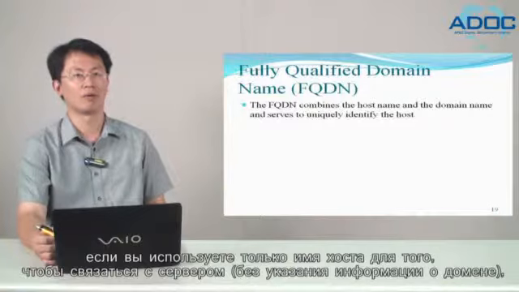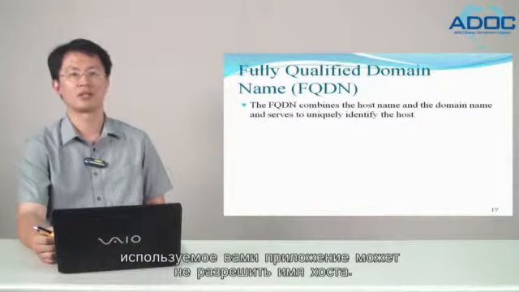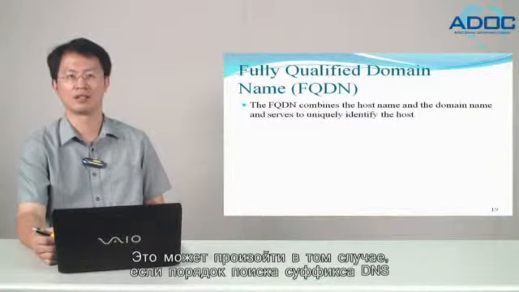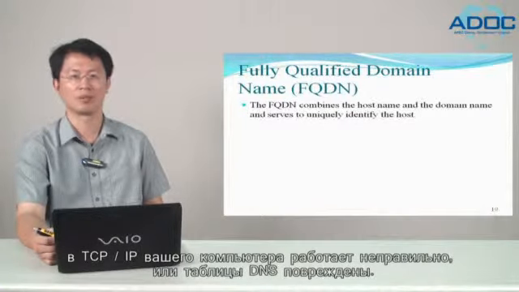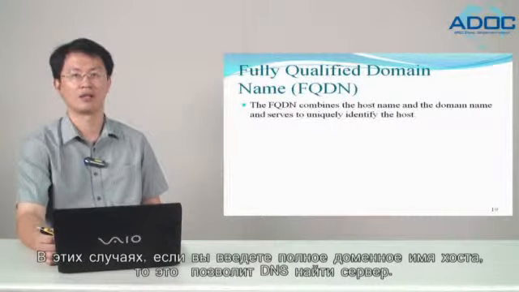If you are using only the host name without the domain information to connect to a server, the applications you are running may not be able to resolve the host name. This can happen if either the DNS suffix search order in your computer's TCP/IP properties is incorrect, or the DNS table is corrupted. In these cases, entering the host's FQDN will allow DNS to locate the server.